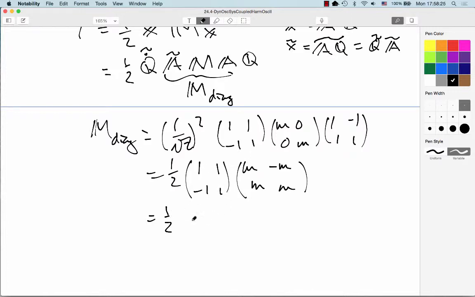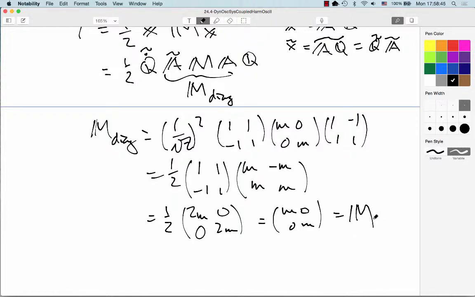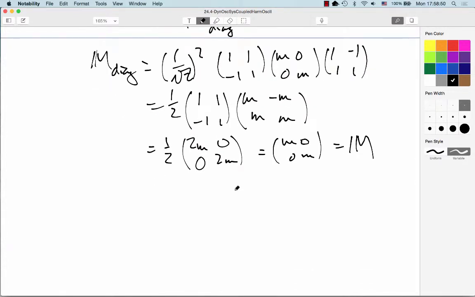So it's going to give me 2M there, 0 there, 0 there, 2M there. So half times 2 just leaves us M 0, 0, M. So yeah, it turns out that in this case, since it was already diagonalized, my M diagonal is indeed equal to M.